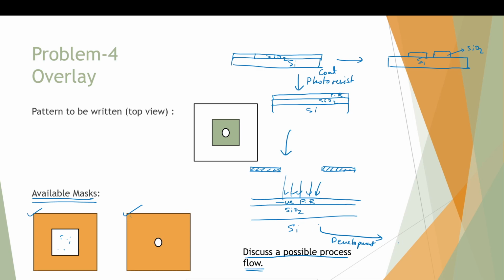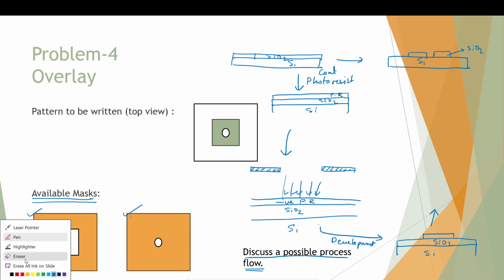After development, my sample will look something like silicon, SiO2, and I will have PR only in the exposed region. So after development, what will we do? We need to etch it, right? Because there's not much space left, I'll just write it here itself: development plus etch.